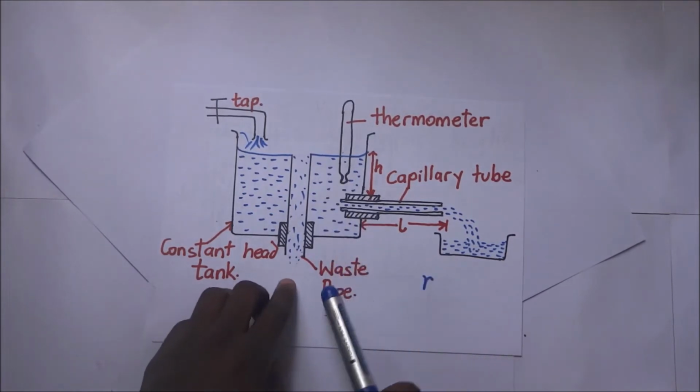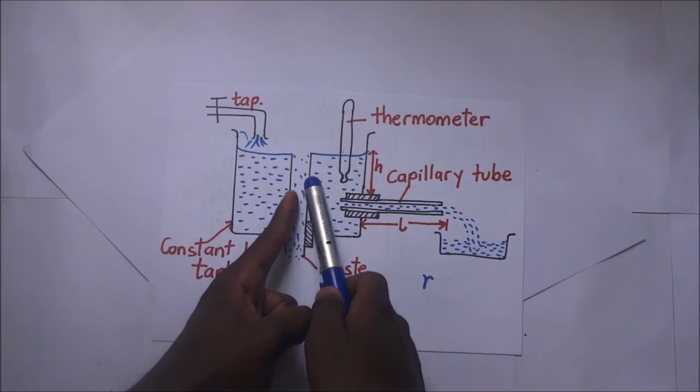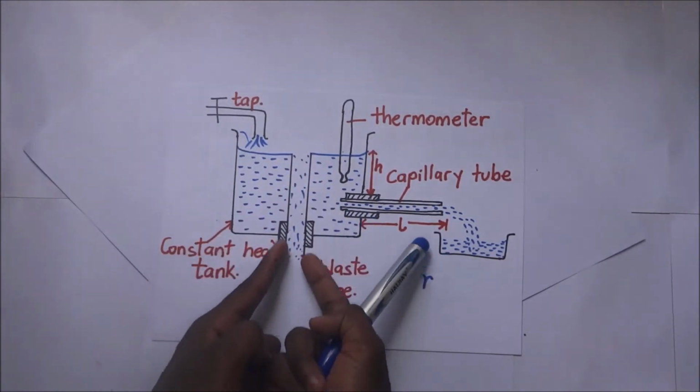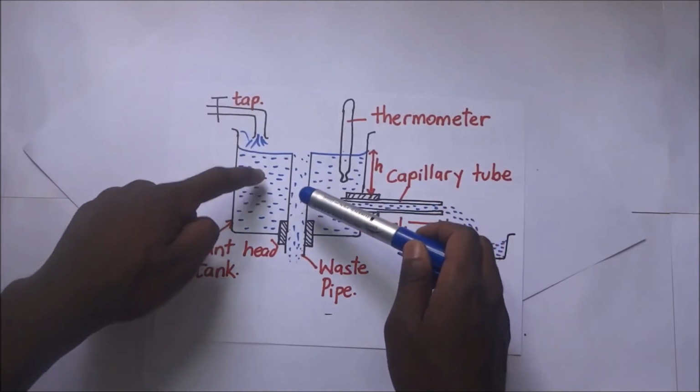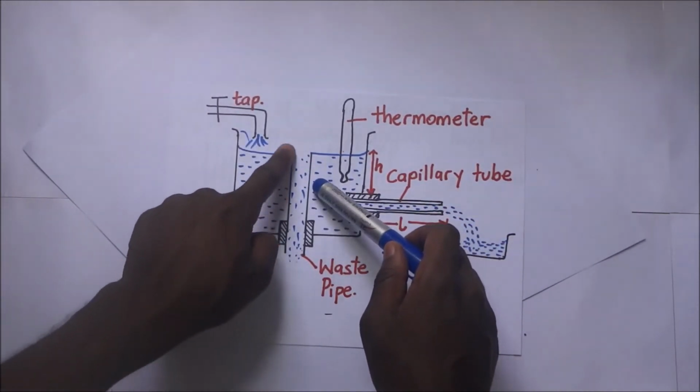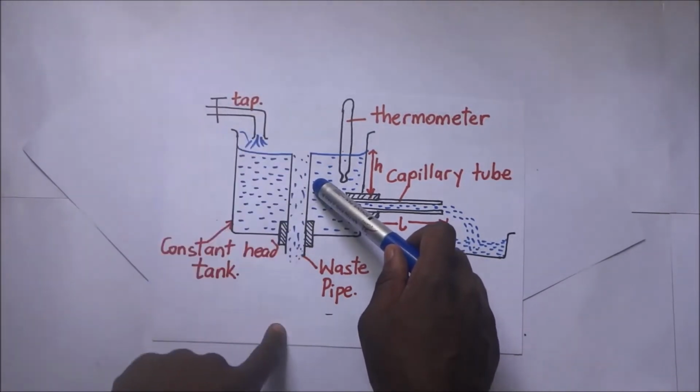And we also have what we call the waste pipe. This waste pipe is simply a pipe that you can adjust. You can push it up. If you push this pipe up, it means that the water coming in here will have to rise to that level of the pipe before it flows out to be wasted.